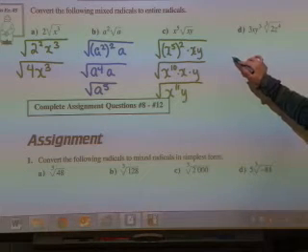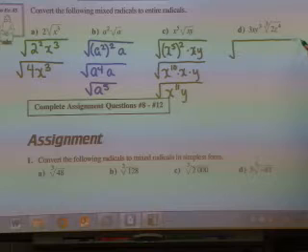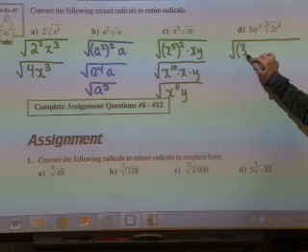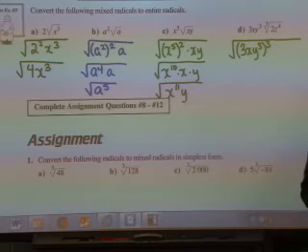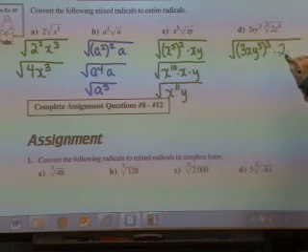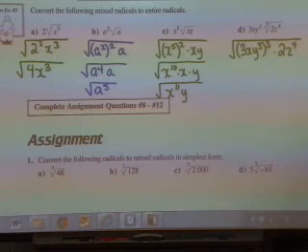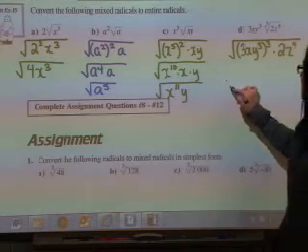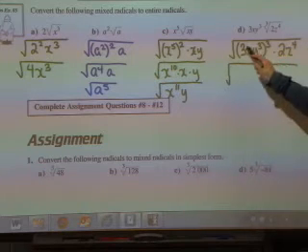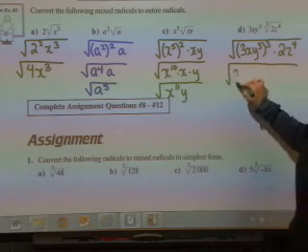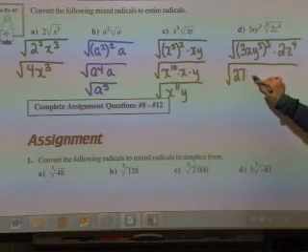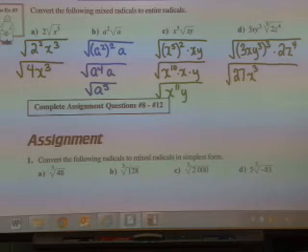What do I have to do with D? I have to take this 3xy cubed and I have to cube it. And then I have to multiply the answer by 2z to the power of 4. Three to the power of 3 is 27. X raised to the power of 3 would become x cubed.